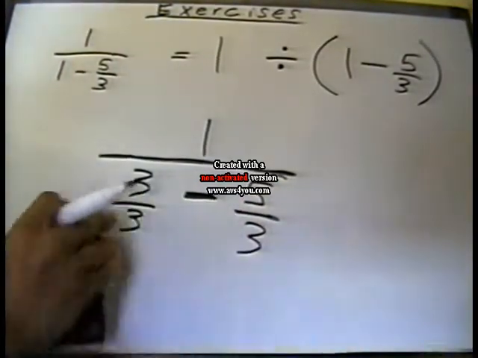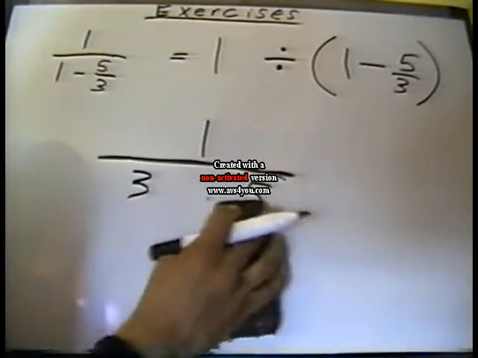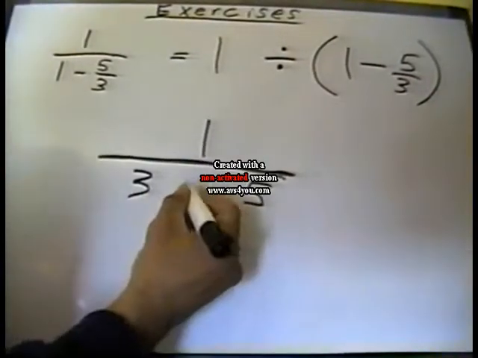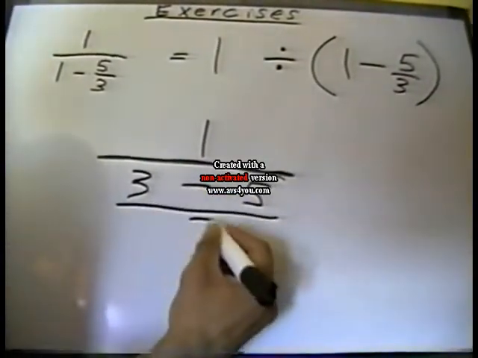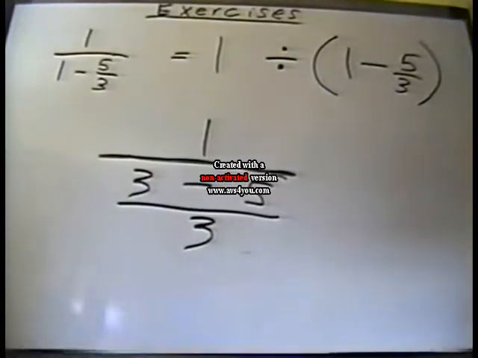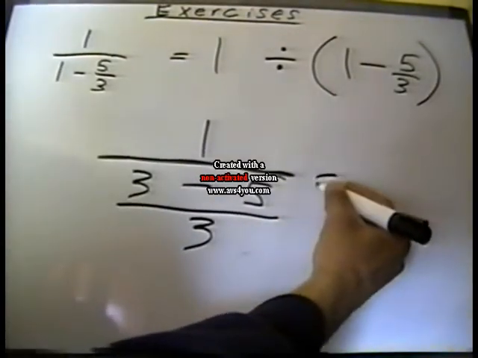Okay, now that's going to become 3 minus 5 over 3. You get 3 minus 5 over 3.